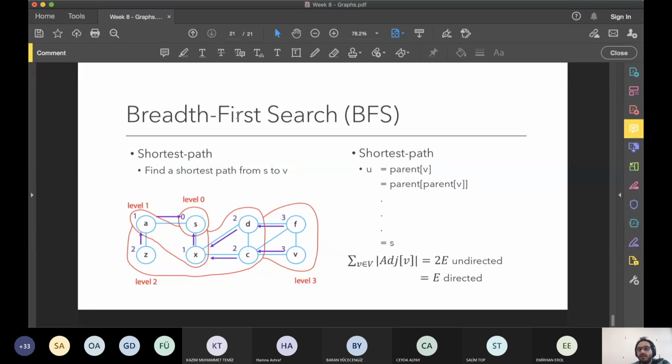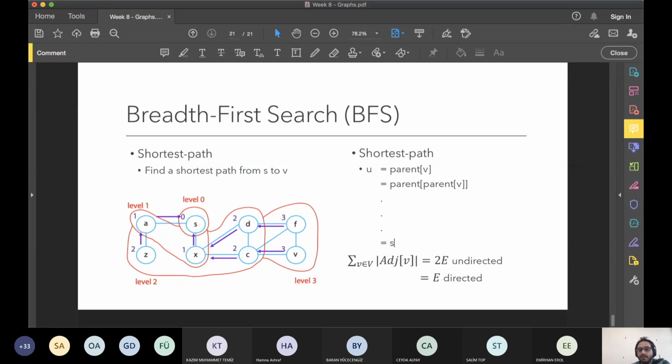By using breadth first search, we also solve the shortest path problem by marking the parent of each vertex that we find.